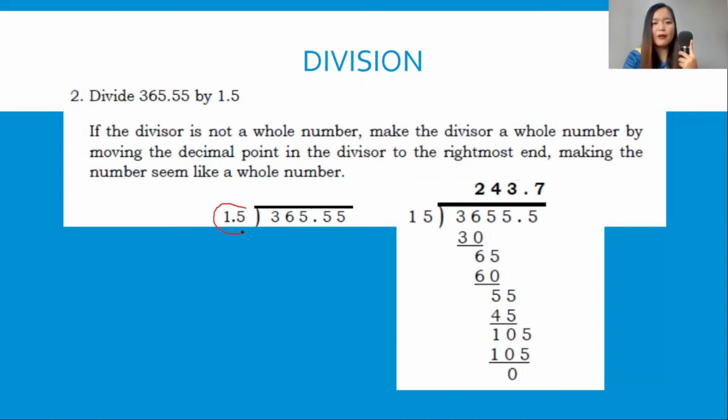Okay, ito, 1.5. Gawin nating 15. Tanggalin natin yung mga decimal. So, i-move natin yung decimal dito pag ganon. So that yung new decimal point is nandito, or just simply 15.